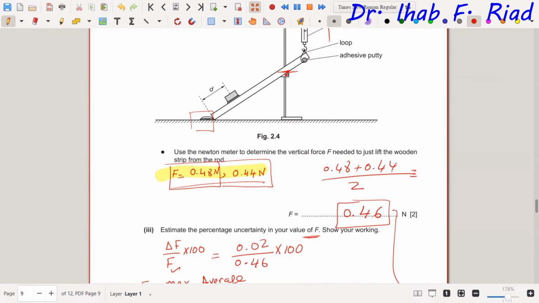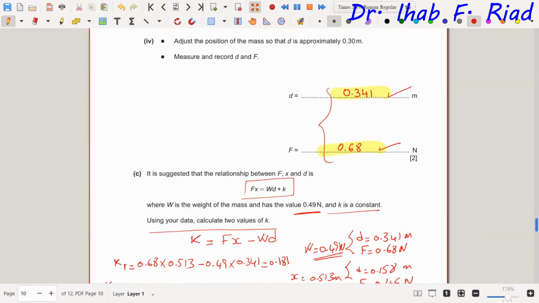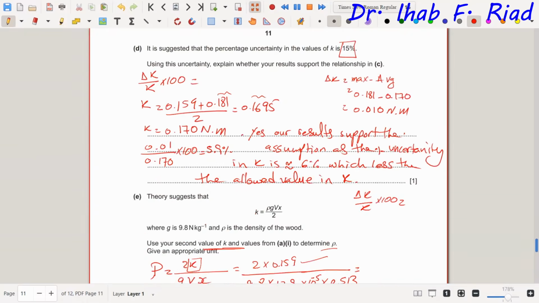But if you think that it is going to slide, then you can mention that. Here the question is a little bit open.